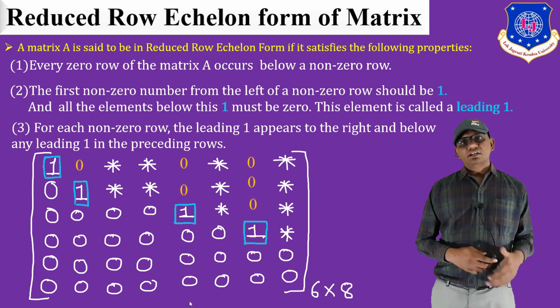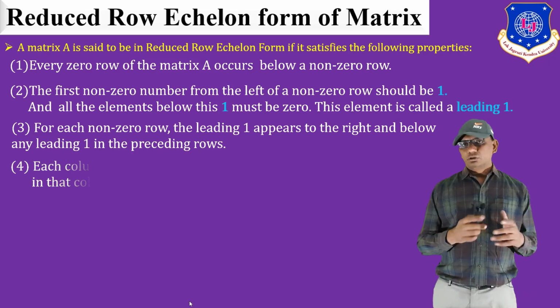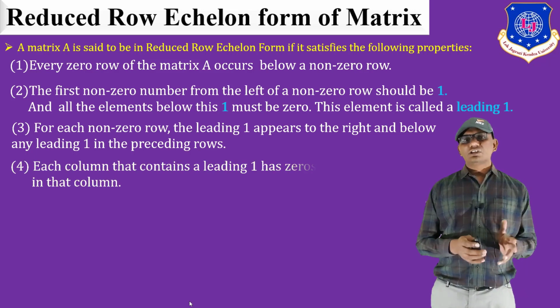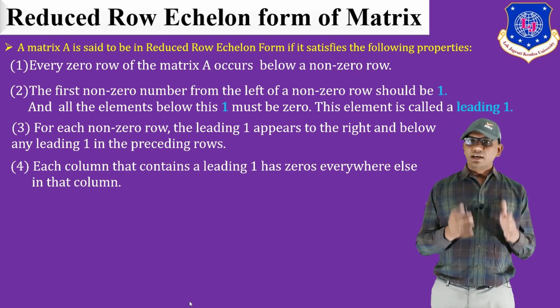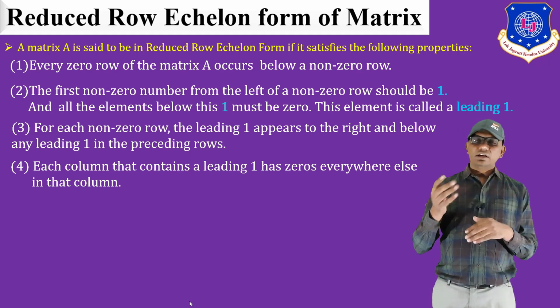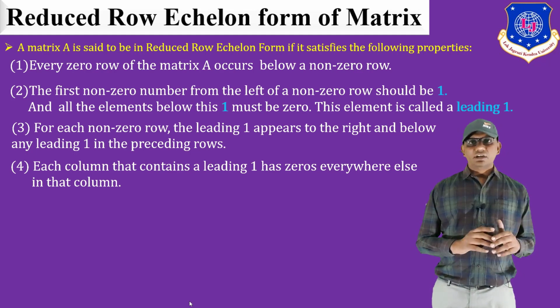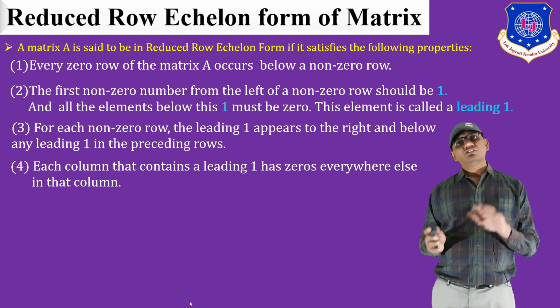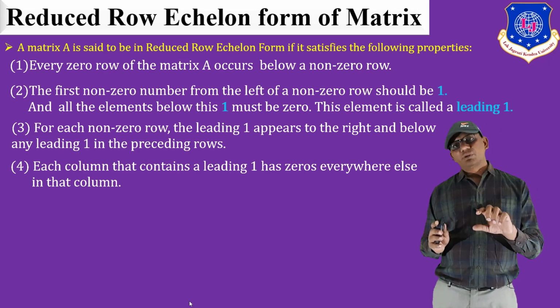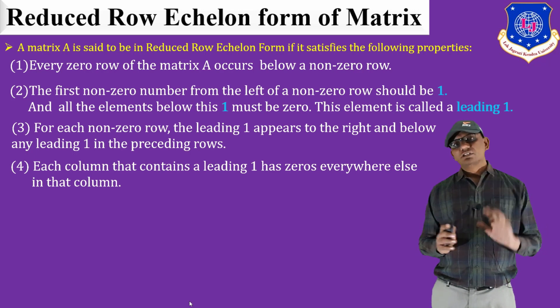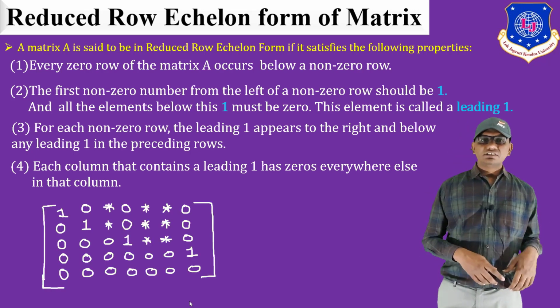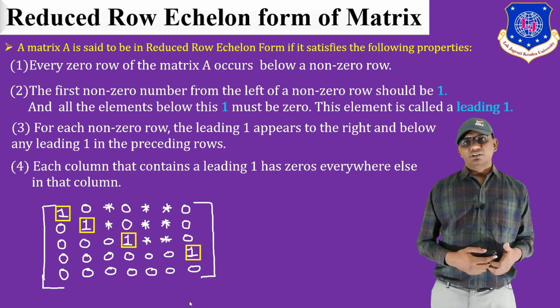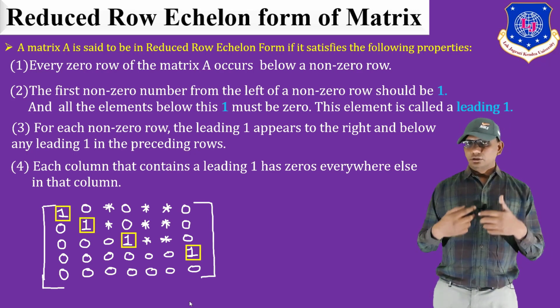That means in the reduced echelon form, our fourth property is like this: each column that contains the leading one or leading element has all other entries 0. That means every element other than the leading one in that particular column must be a 0. That is our fourth property, and it is the matrix after converting into the reduced echelon form.